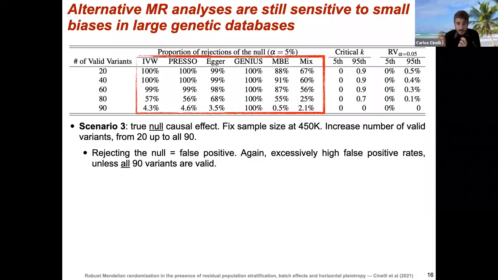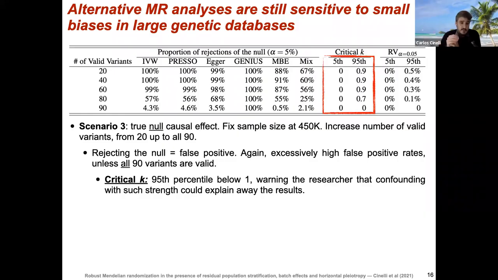Because you have a bias-variance trade-off with methods like MBE and MR Mix, even with the assumptions being correct, it still outputs very high false positive rates if you use the standard default parameters that you find in their software.